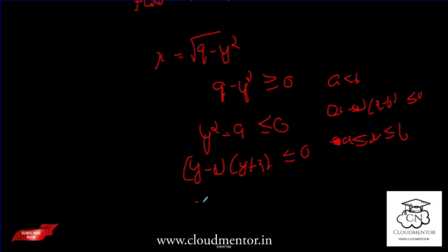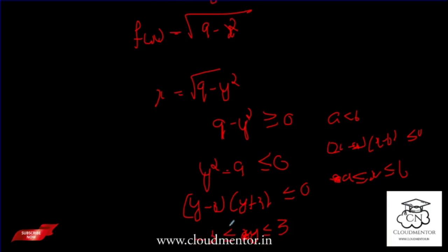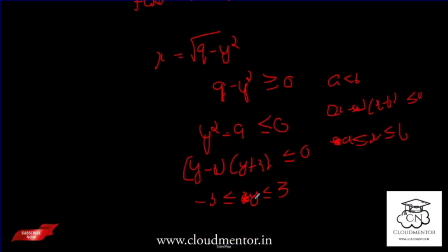So here minus 3 is less than or equal to y less than or equal to 3. So y must be greater than or equal to 0, and y is between minus 3 and 3.